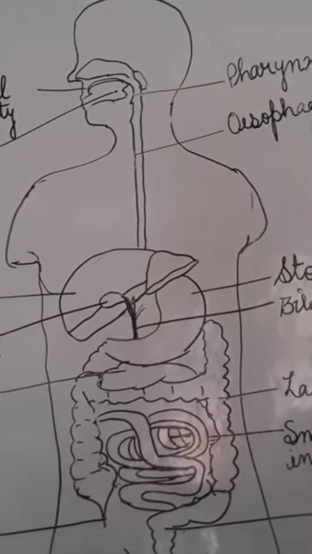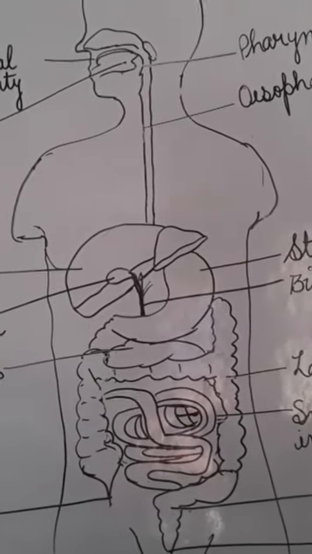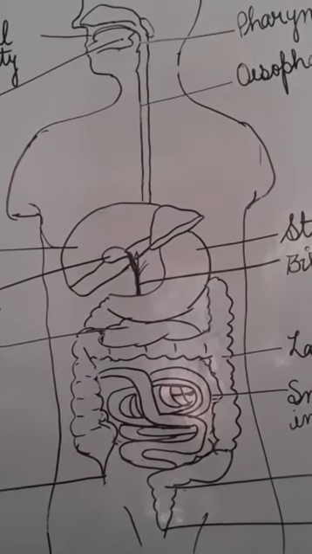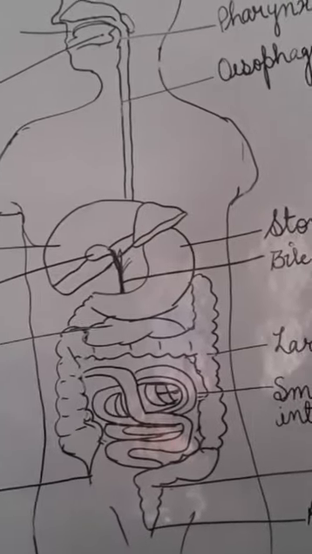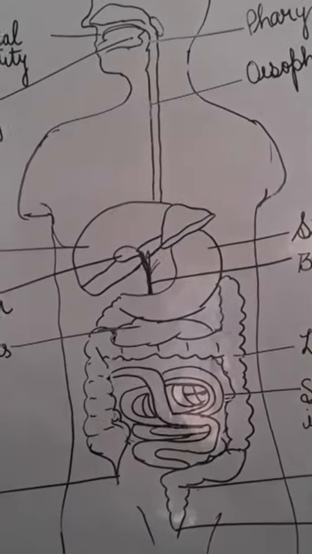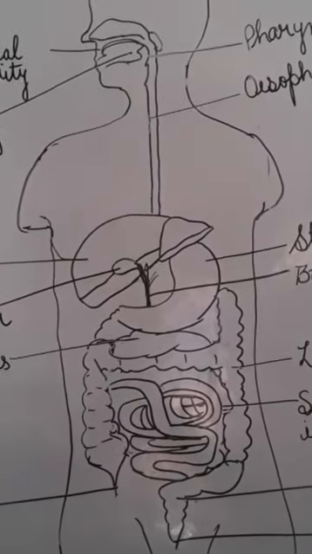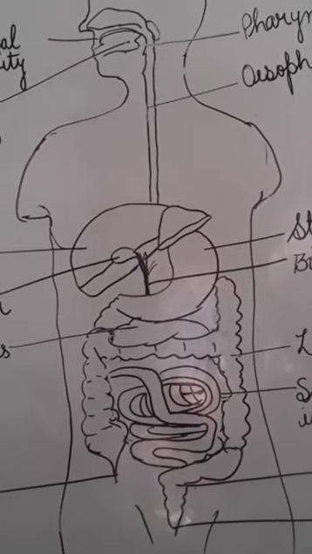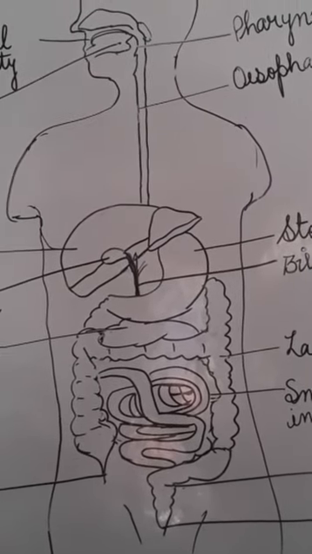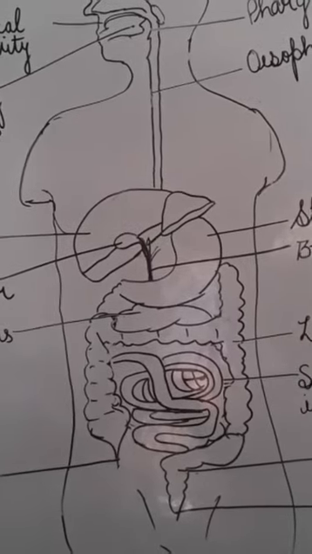Now I will tell you in detail about the different parts of the alimentary canal. It starts from our mouth, the first part of the digestive system from where food enters.